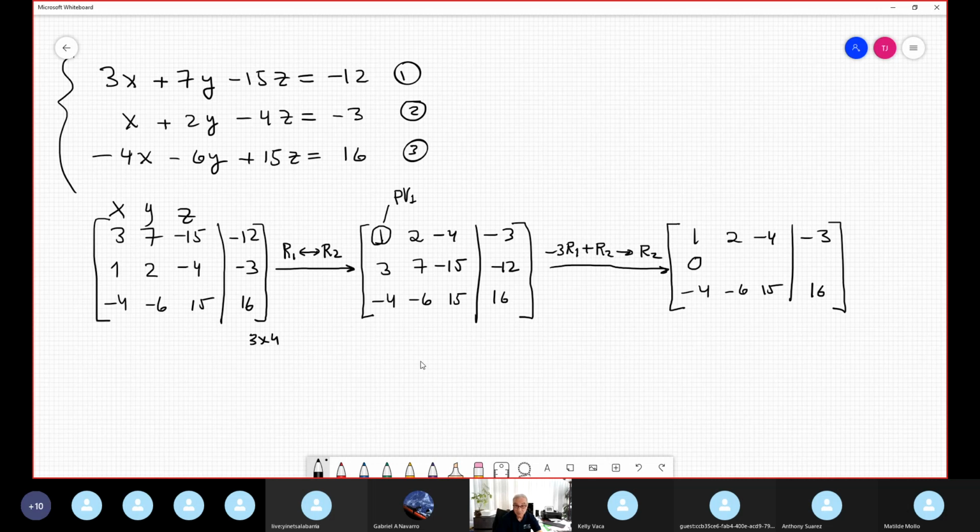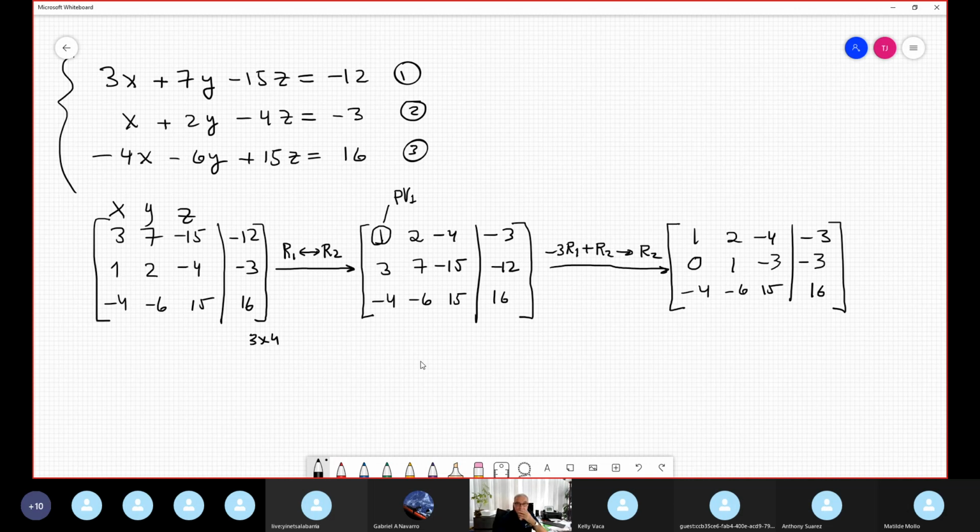Plus 7 is 1. Do you see where I come from this one? Now, negative 3 times negative 4 is 12. And 12 minus 15 is negative 3. And last is negative 3 times negative 3 is positive 9. And positive 9 minus 12 is negative 3 again. It's a coincidence. Do you see or no?